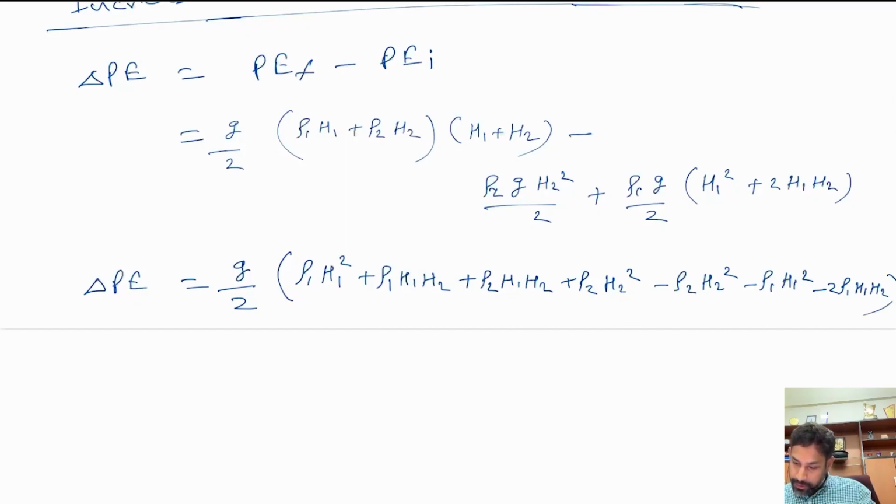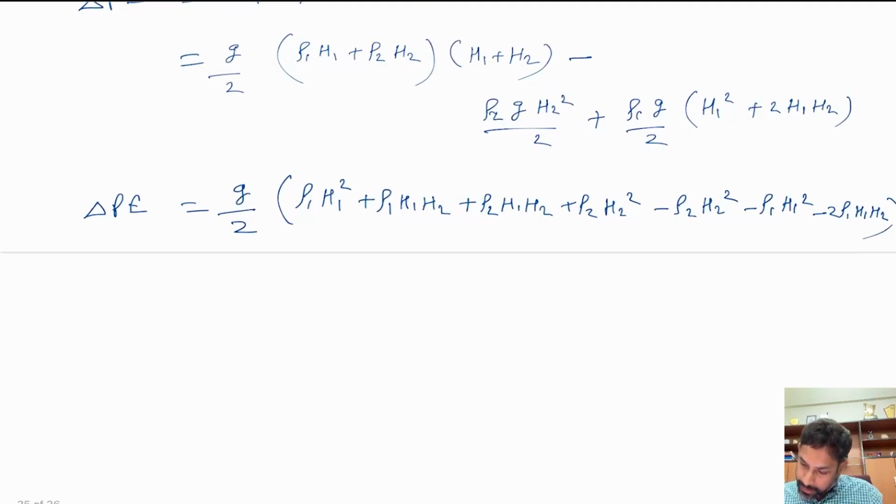This is the expansion of these terms. Okay, I think that is correct.